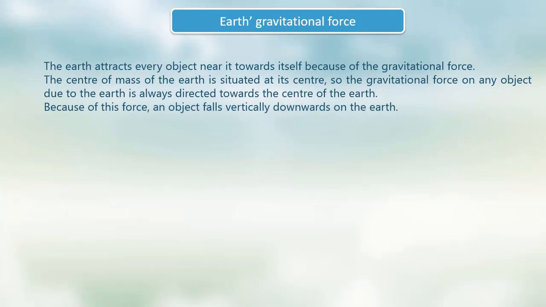Earth's gravitational force. The Earth attracts every object near it towards itself because of the gravitational force. The center of mass of the Earth is situated at its center. So the gravitational force on any object due to the Earth is always directed towards the center of the Earth. Because of this force, an object falls vertically downwards on the Earth.